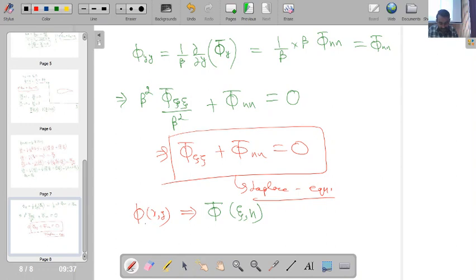So I can say that phi in the xy plane, because it is governed by beta square where Mach number is involved, is coming in the form of compressible flow. But when I have done the transformations to the zeta eta plane, the same flow has no involvement of Mach number now.